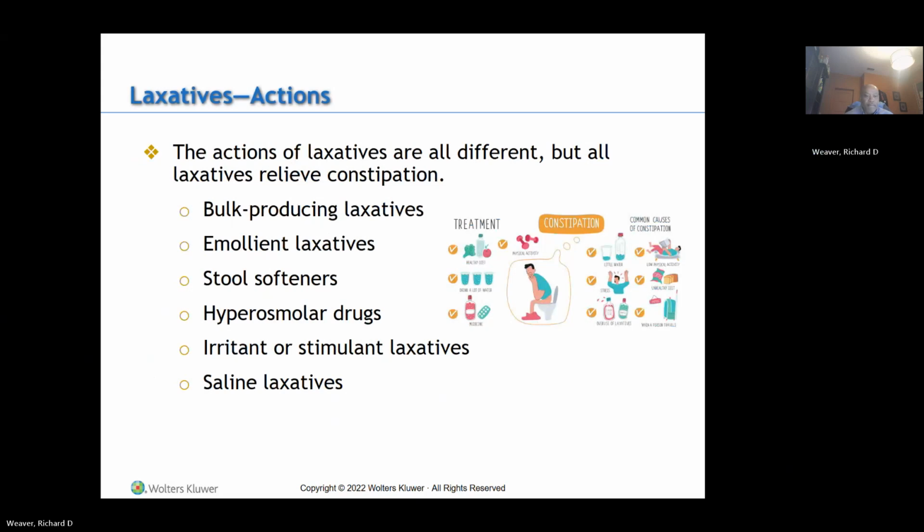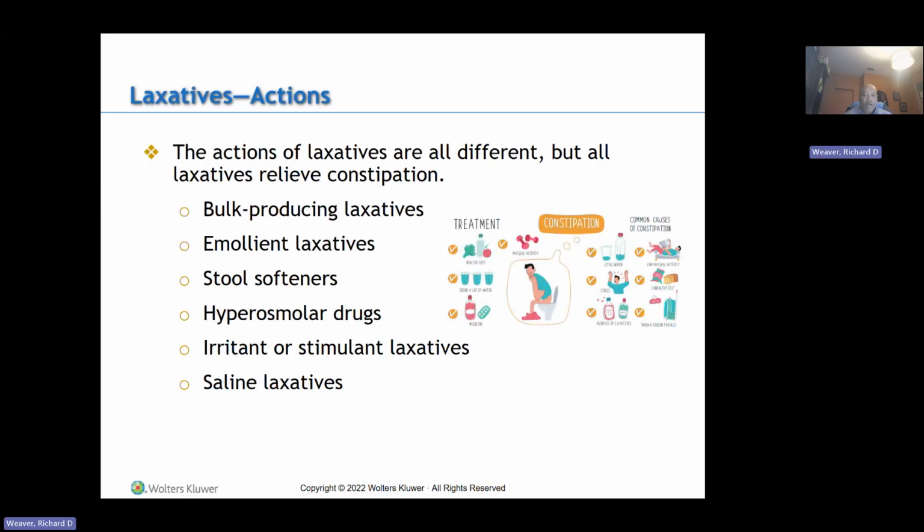All right. Now, also we have your saline laxatives. Saline laxatives attract or pull water into the intestine. So in essence, you're making the fecal material more hypertonic, right? And that hypertonic solution has a pulling effect of that water from our bloodstream into the intestine.